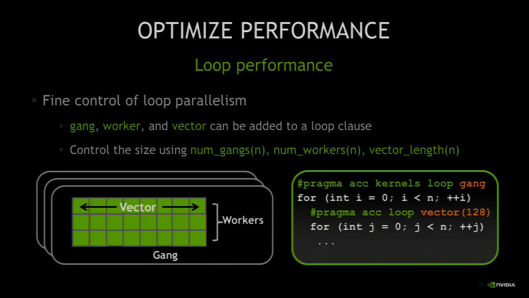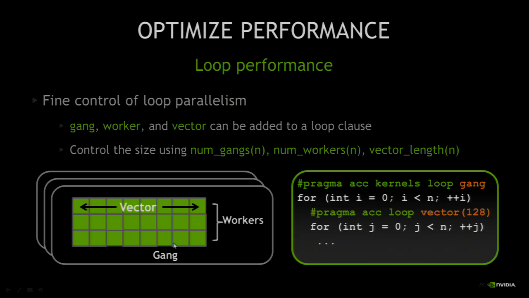The gang, if you're familiar with CUDA, is a thread block. I believe in OpenMP 4 it's a team. The vector is the simple unit, and each worker executes a vector. You have this 2D hierarchy, right? You have vectors, and they are assembled into workers.